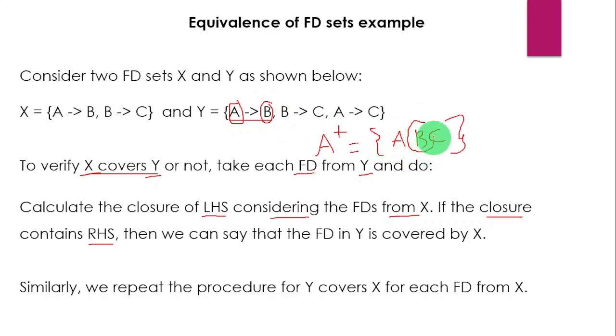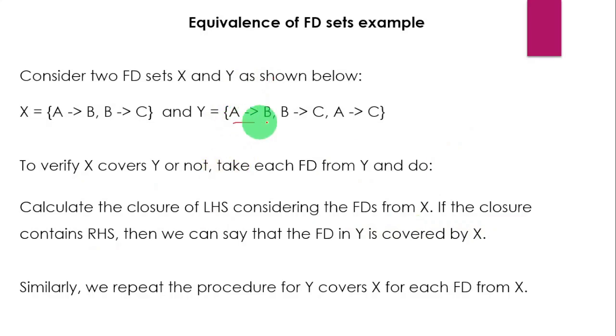Yes, there is B. Then we can say that this FD in Y is covered by X. It's a very simple thing: take the FD, calculate the closure of the LHS using the other set of FDs, and if the RHS is there in the closure, then we can say this FD is covered by X.